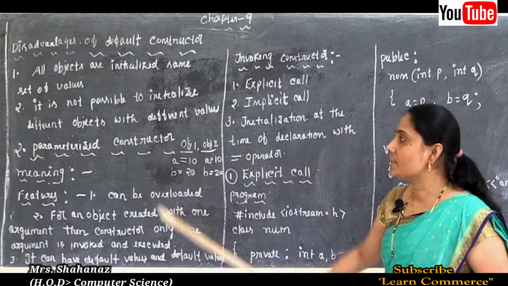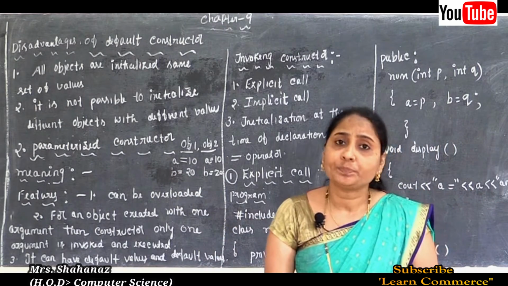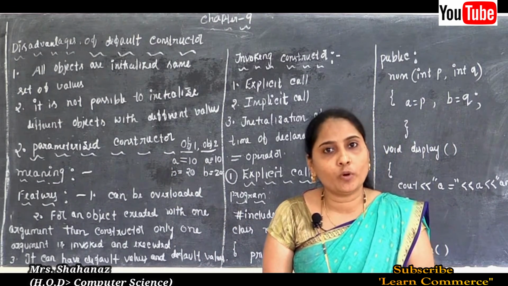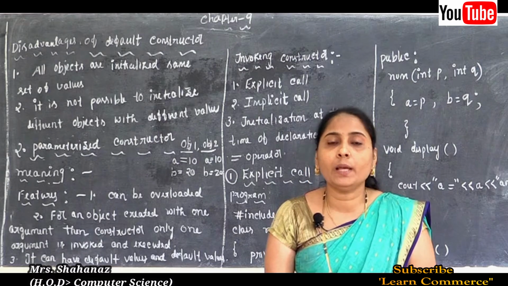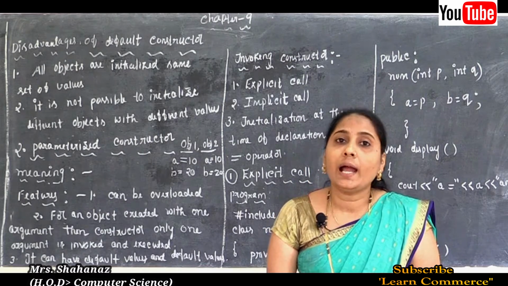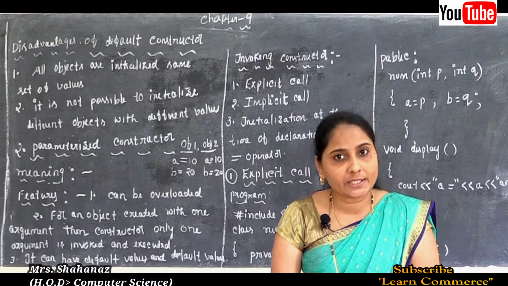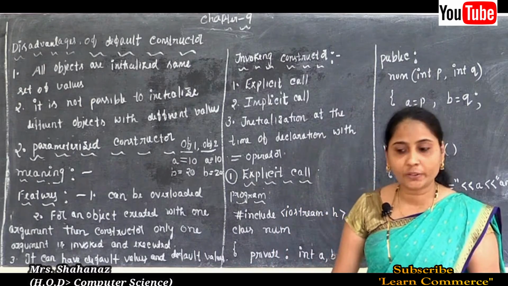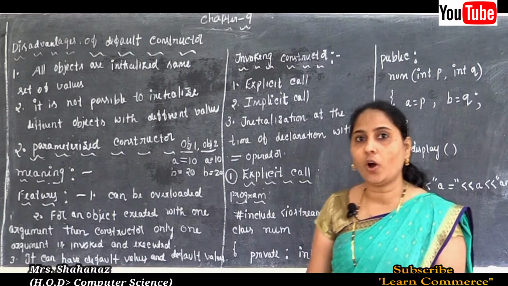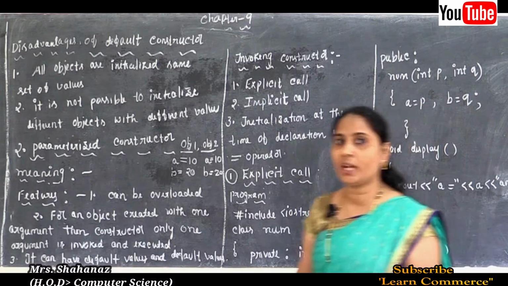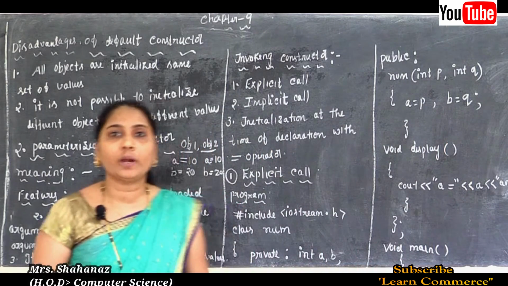A constructor that takes one or more arguments is called a parameterized constructor. Using the parameterized constructor, it is possible to initialize different objects with different initial values. Clear to everyone what I said?